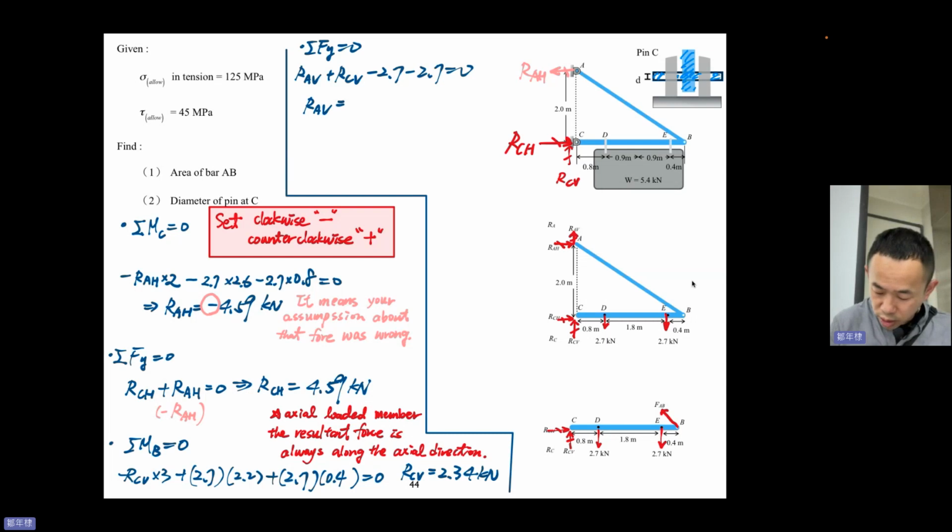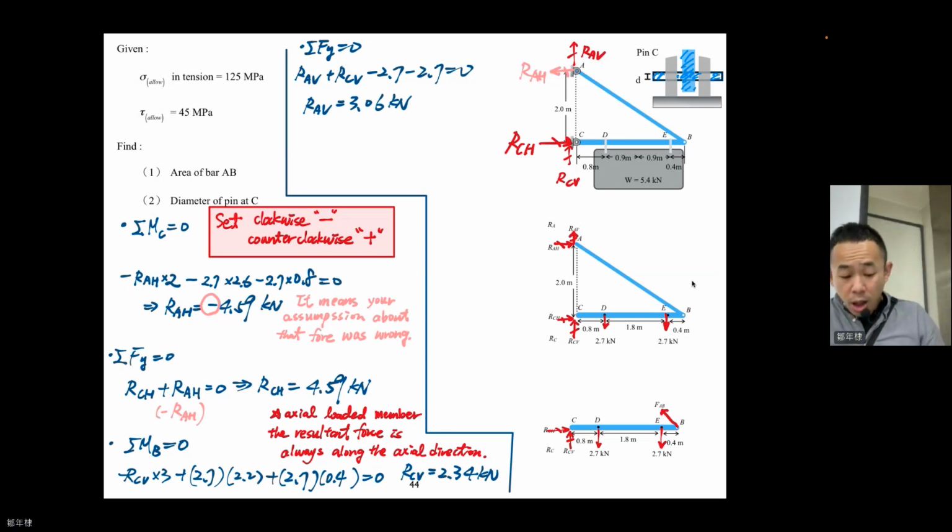RAV equal to 3.06 kN. So RAV was also assumed correctly. Okay, that's it. So all the values are done.